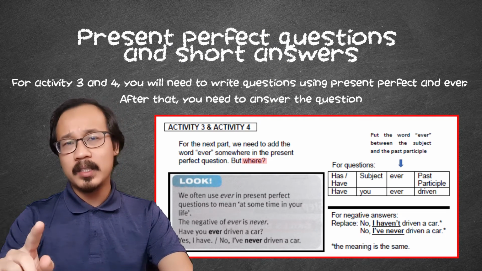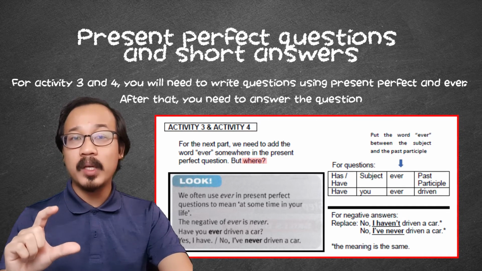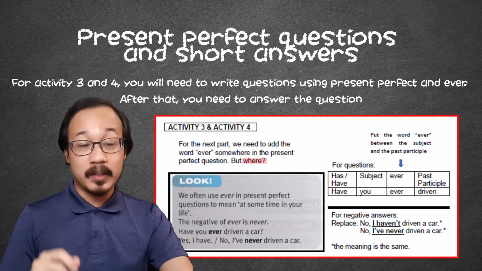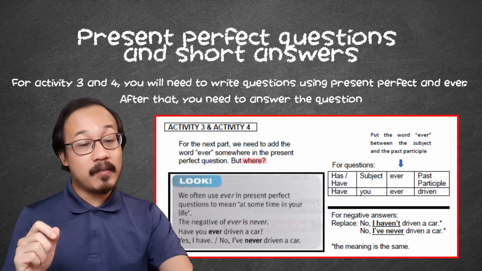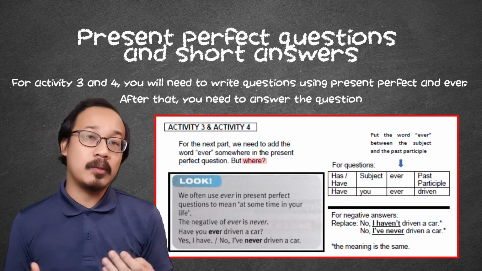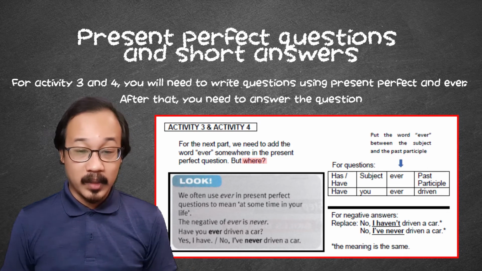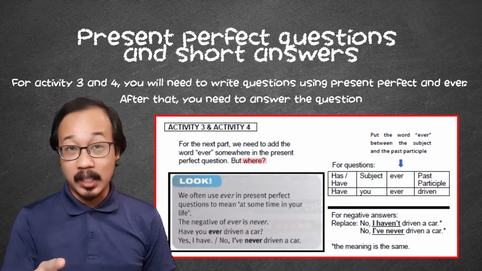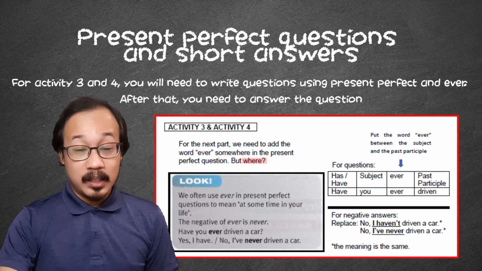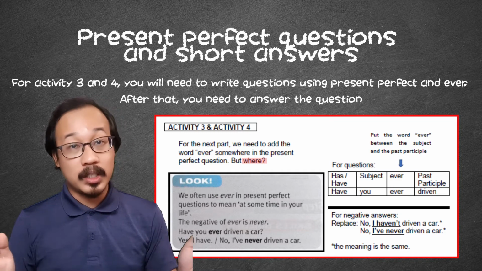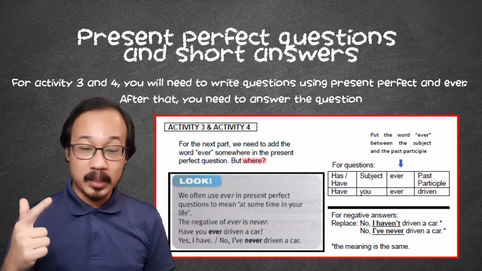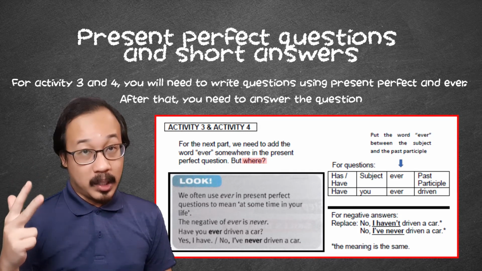Now for this part, we are going to learn where we can put ever in our sentences. We need to add the word ever somewhere in the present perfect questions. But where can we add this ever? Let's look at the example. For this kind of question, you need to look at the structure: first you have has or have, followed by the subject and the past participle.